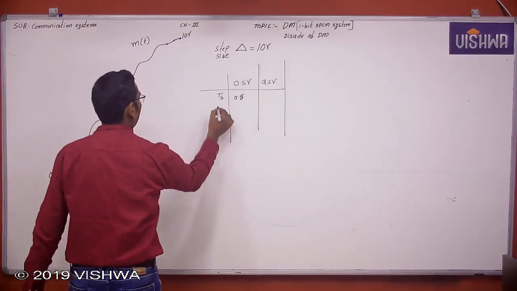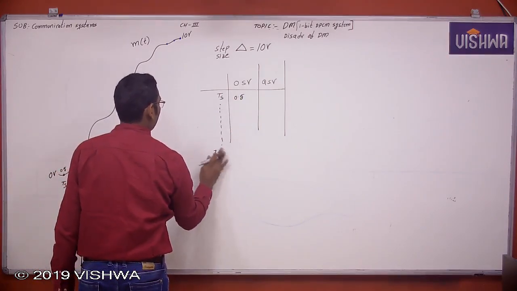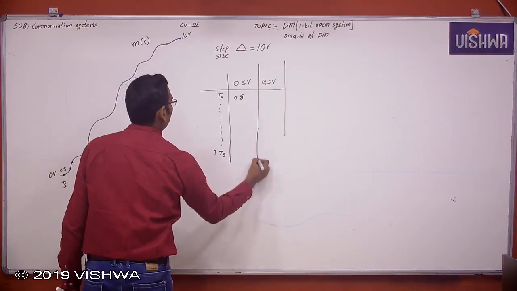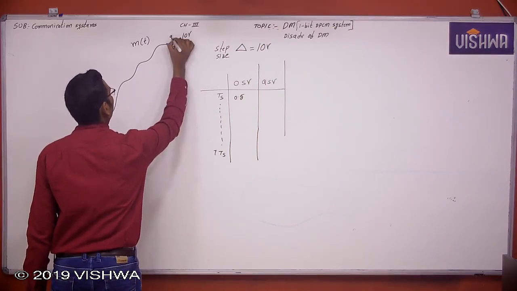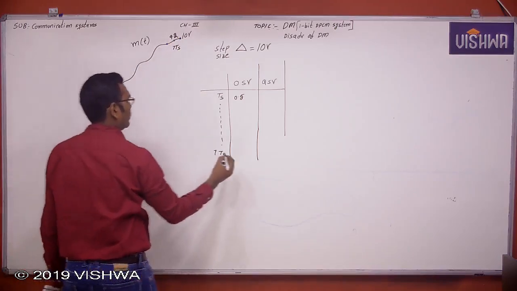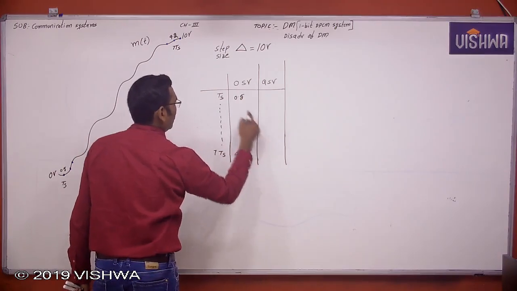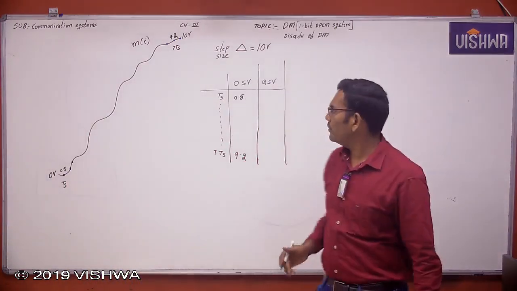Then after a few instants of time, let us take some 7Ts or something else. Now let us take this is at 7Ts. This is some 9.2. Now this original sample value x of nTs goes through the process of quantization.